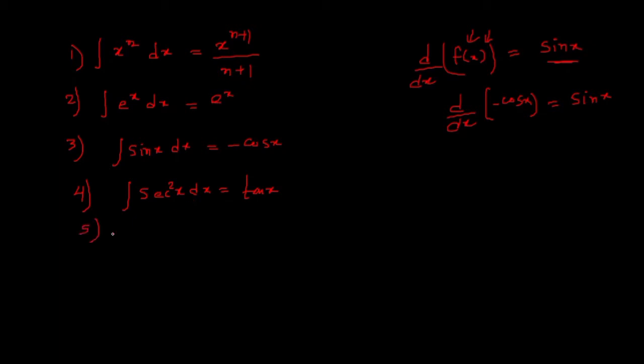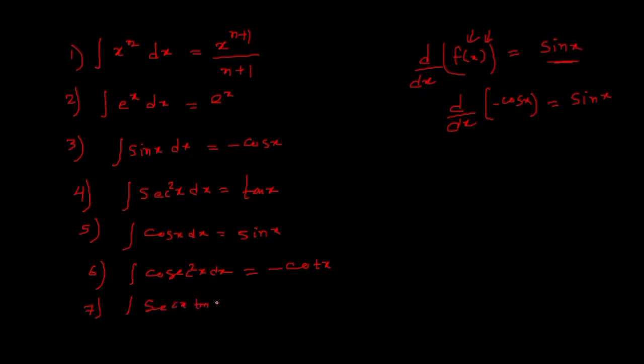Number 5, integration of cos x dx. That will be sin x, because the derivative of sin x is cos x. Number 6, integration of cosec square x dx, that will be minus cot x. Number 7, integration of sec x tan x dx, that will be sec x.